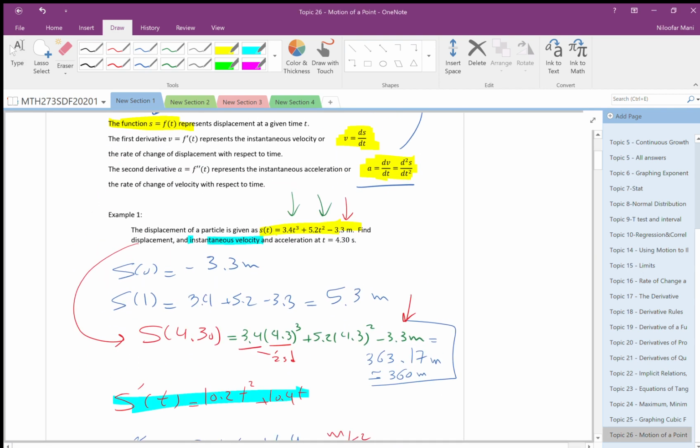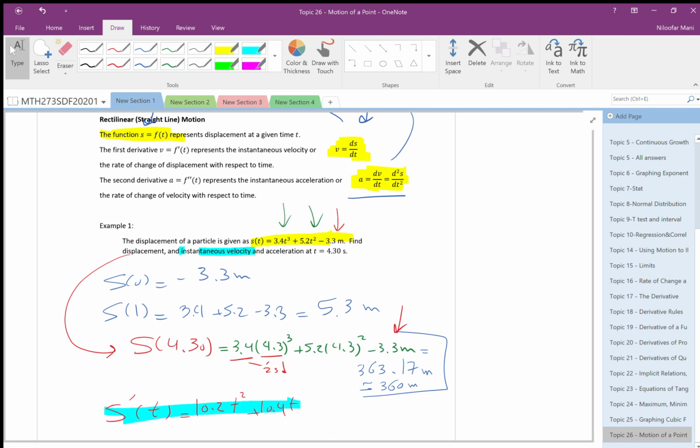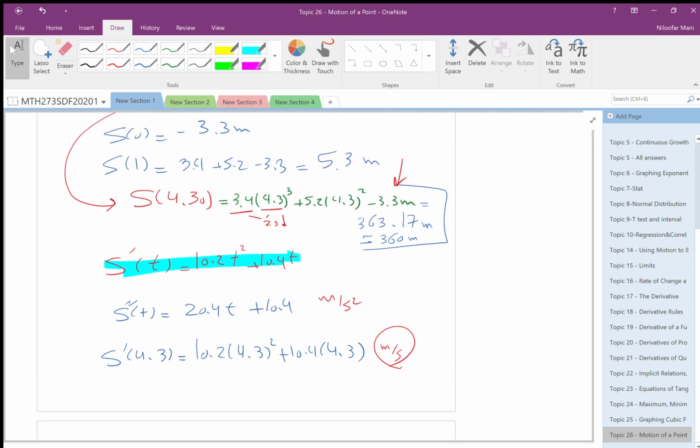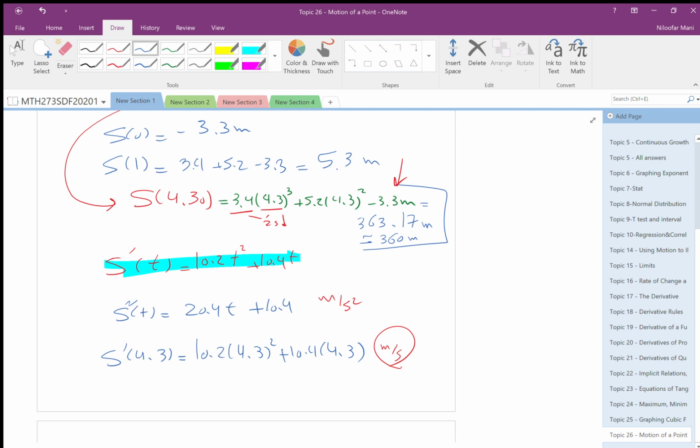For the first question, we did the first derivative for velocity and the second derivative for acceleration. I calculated them just in order to have the answer here. For this one it is 363.17, and we round to 363 meter.